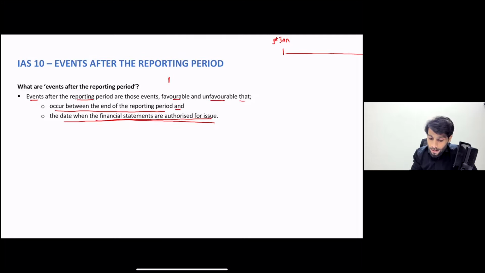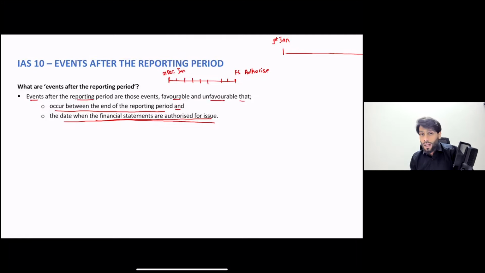So all transactions that occur after 31st of December, say 1st January next year, after the end of the reporting period, till the time financial statements are authorized. All those favorable and unfavorable transactions that happen here may be known as events after the reporting period.